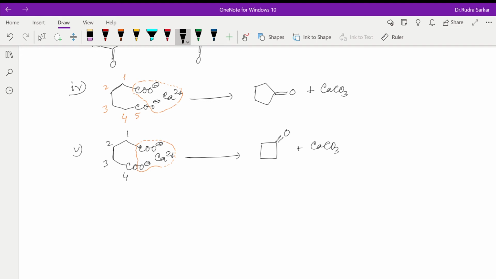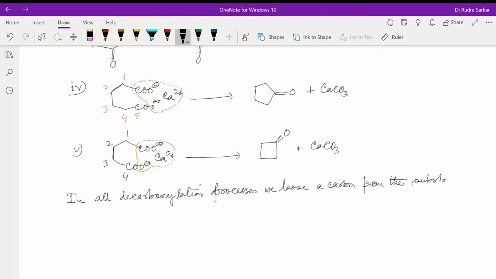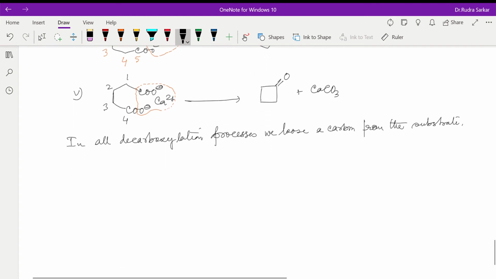So in all decarboxylation processes, we lose a carbon from the substrate, or you can say reagent.